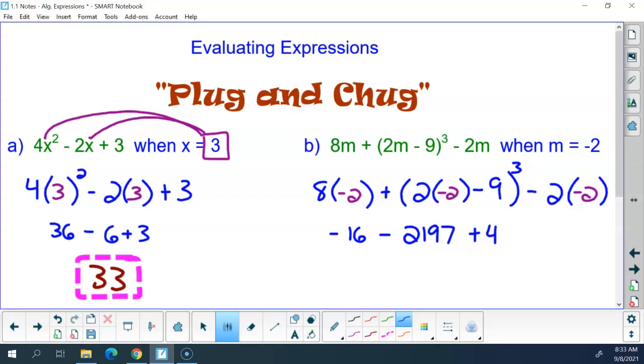Minus 9 is negative 13. Cubed is negative 2,197. Better? Yeah.